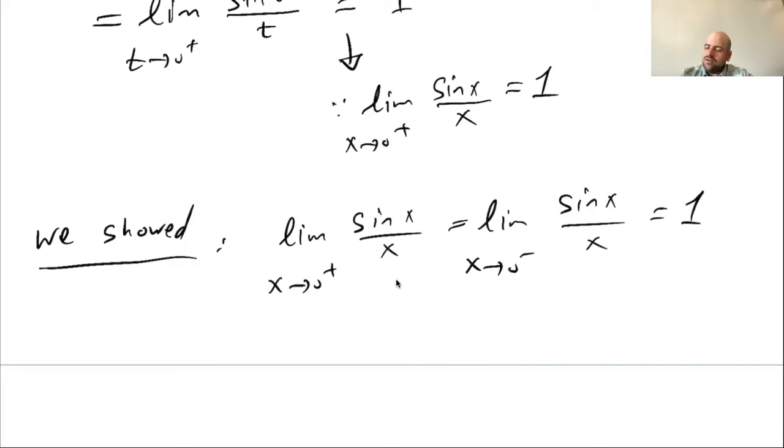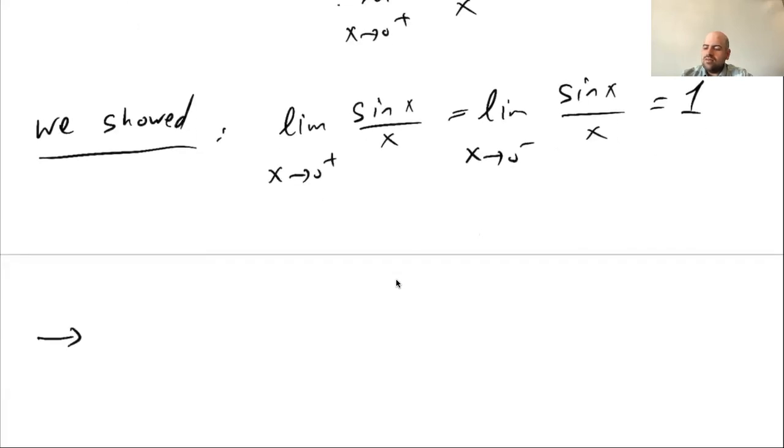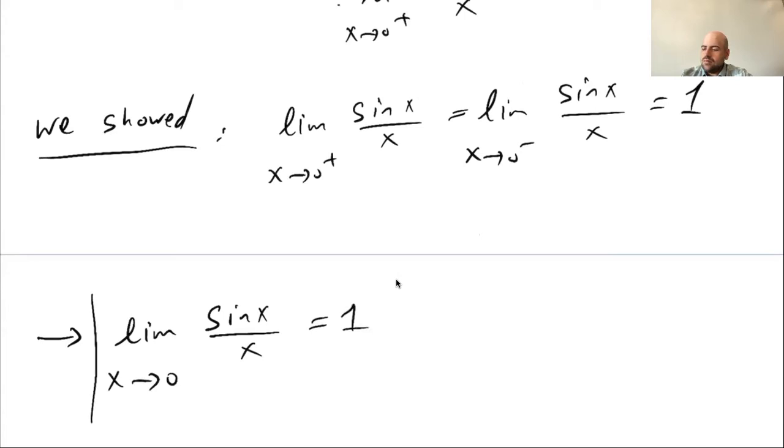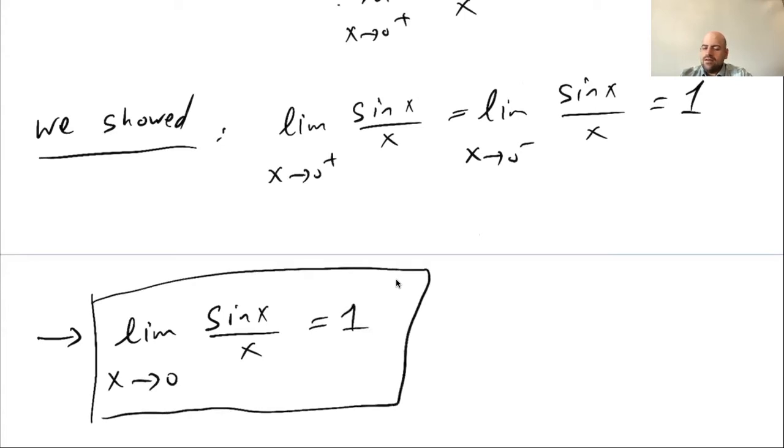Both of these are 1. So if both the right limit and the left limit are 1, then we can say that the whole limit is also 1. The whole limit exists and is equal to 1.